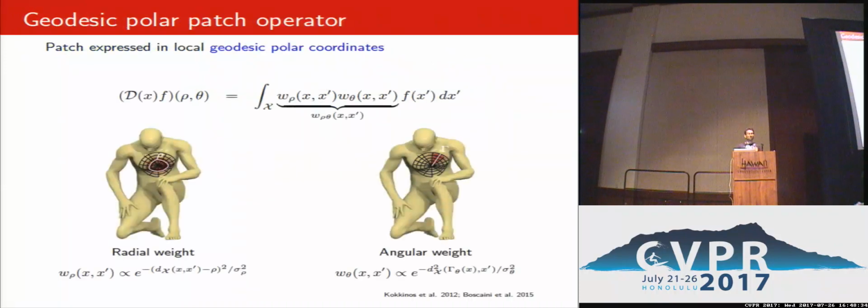This is probably the most intuitive and the most straightforward way of defining these patches. We can use local geodesic polar coordinates. The patch will look like a radial patch here, but it will be defined intrinsically on the manifold. The weights here will be radial and angular weights that will localize, basically averaging the values of the function in each of these radial and angular bins around each point.